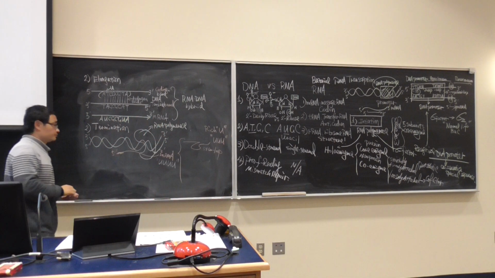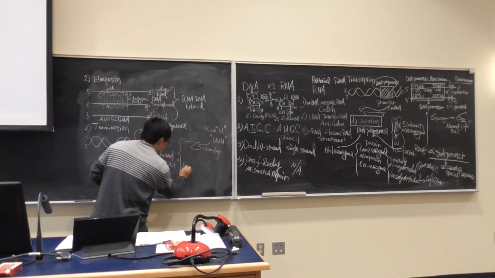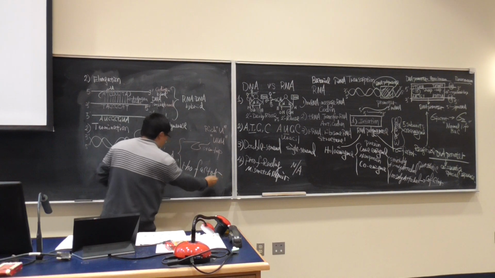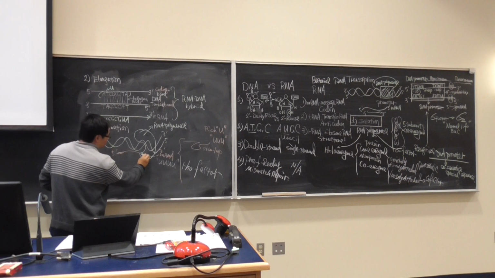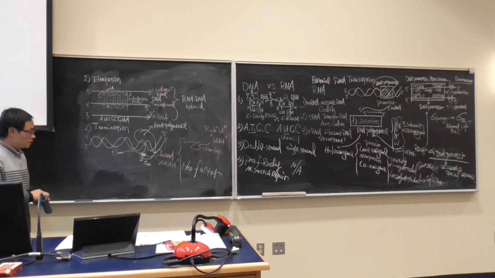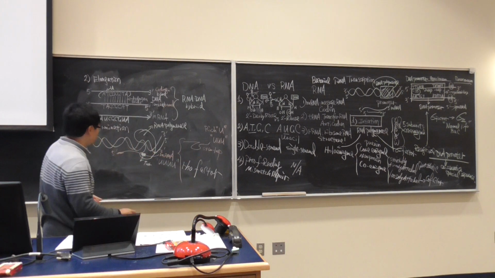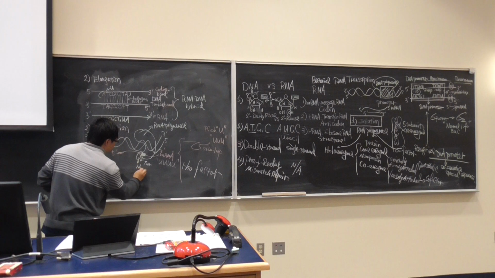What will be the second thing? The second thing is we call the rho factor. When they finish, all of a sudden something comes out, a TUR. When the TUR comes out, it attracts a very special factor, a rho factor.